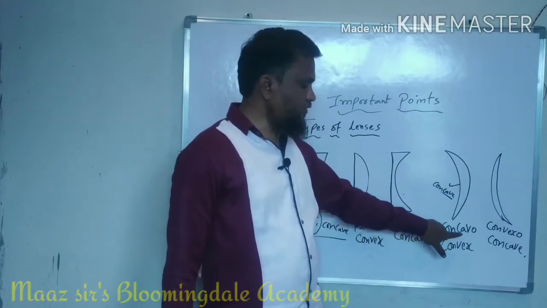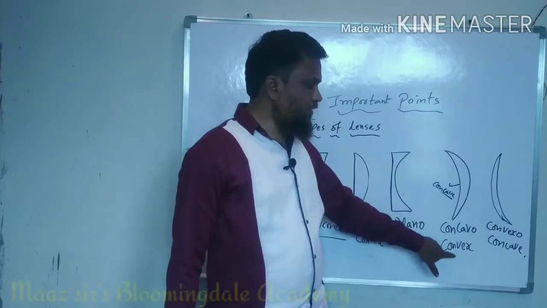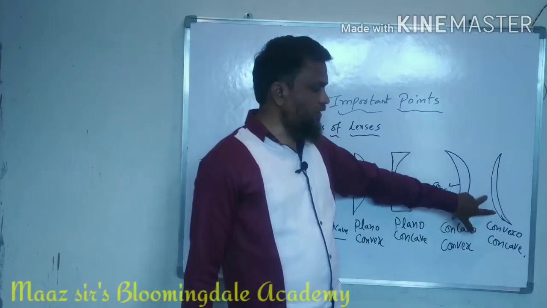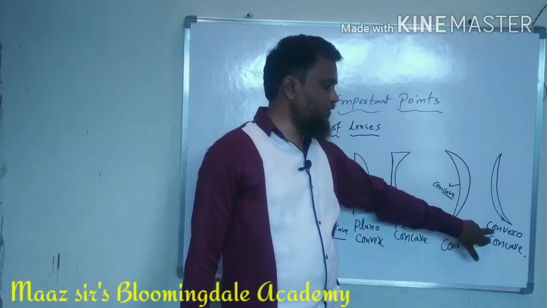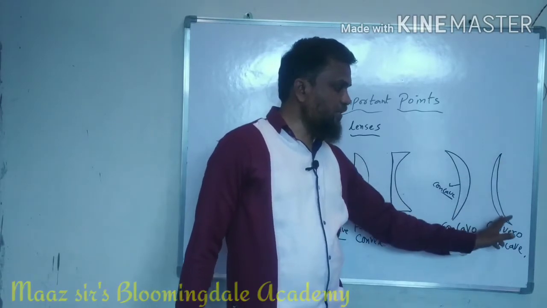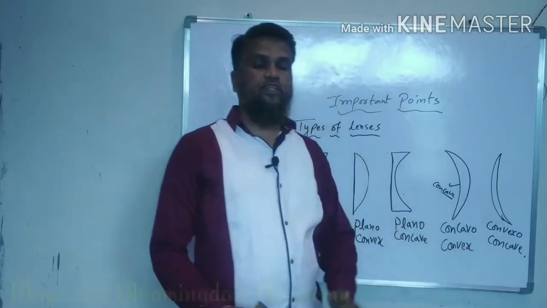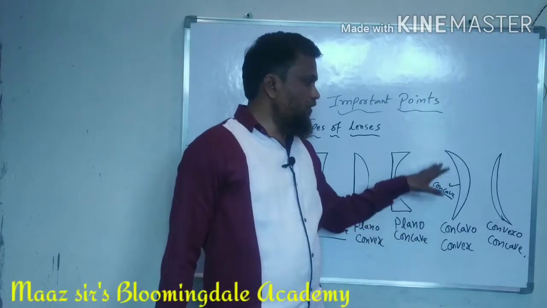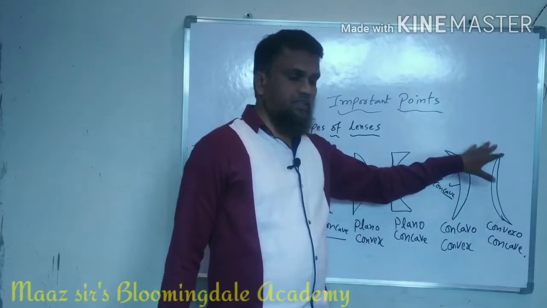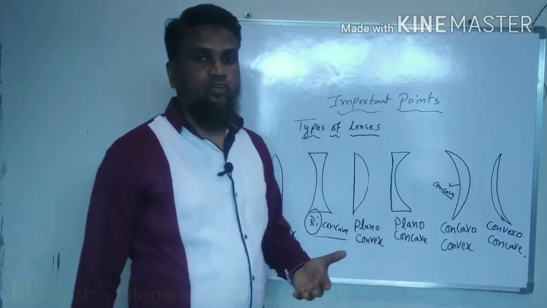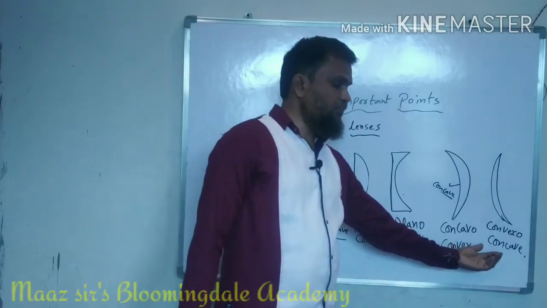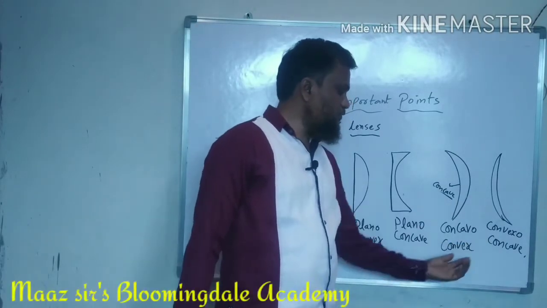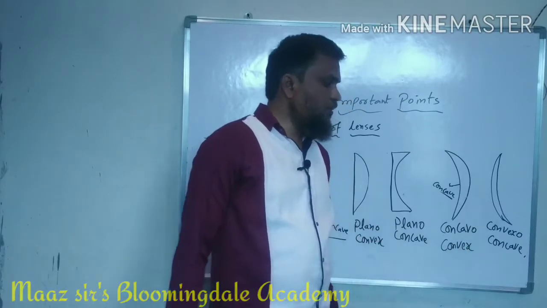So that's why it is known as concavo convex. And in this one, the first surface is convex, so I have written convexo. The second surface is concave, so I have written convexo concave. I hope that the student who asked this doubt, if he watches this video, will find it easy to understand the difference between concavo convex and convexo concave.